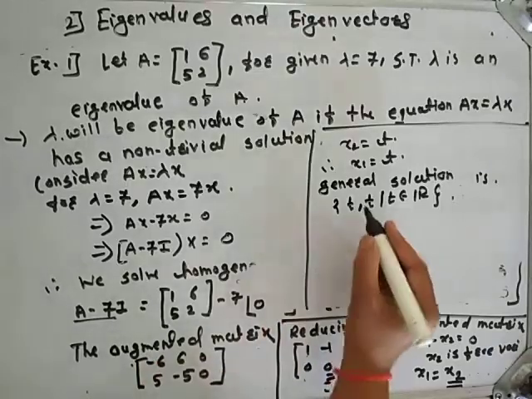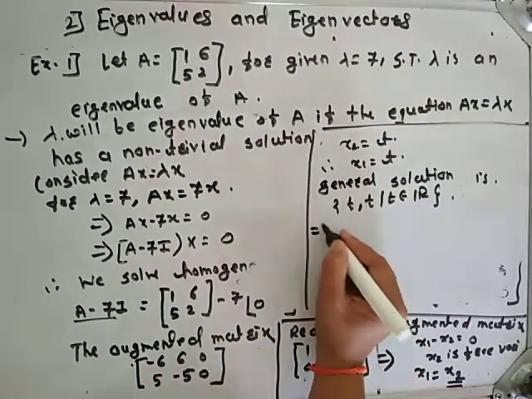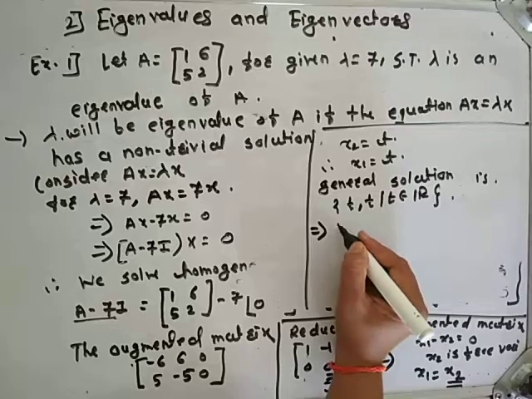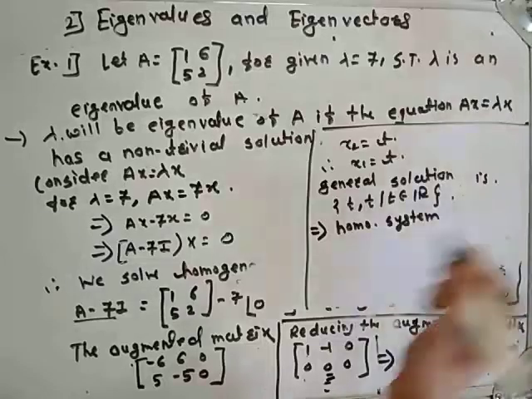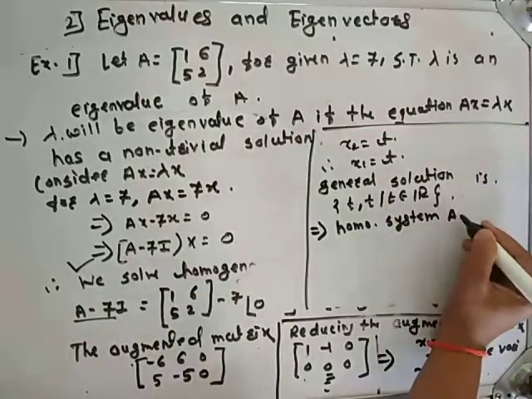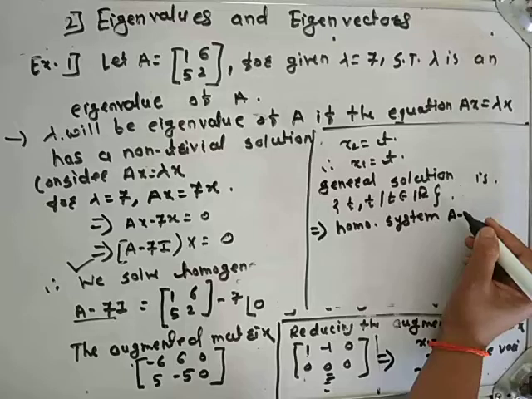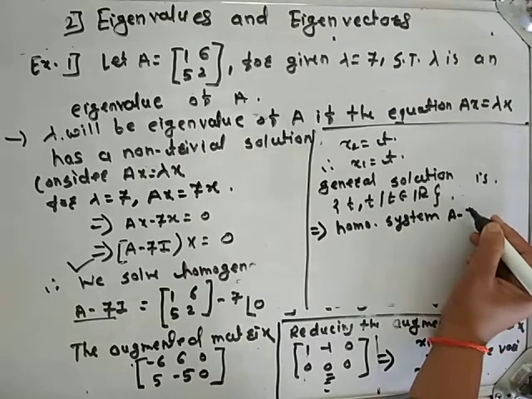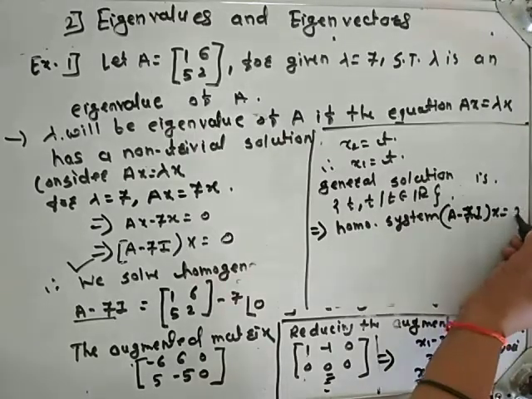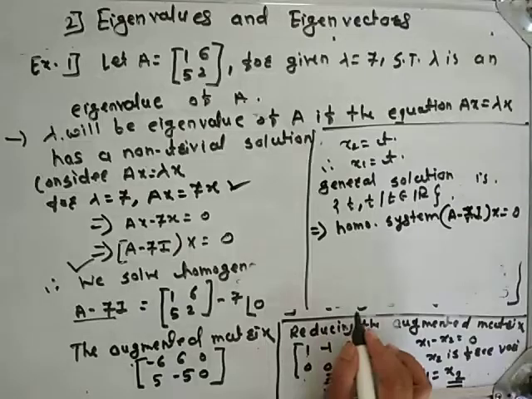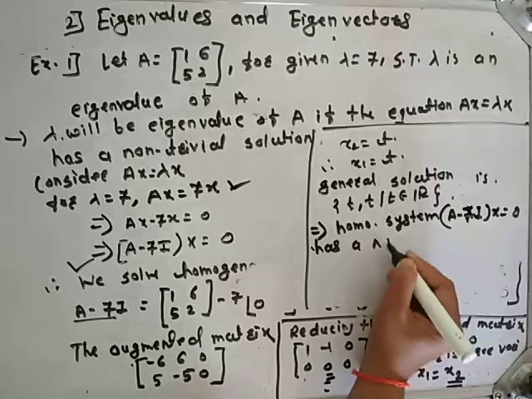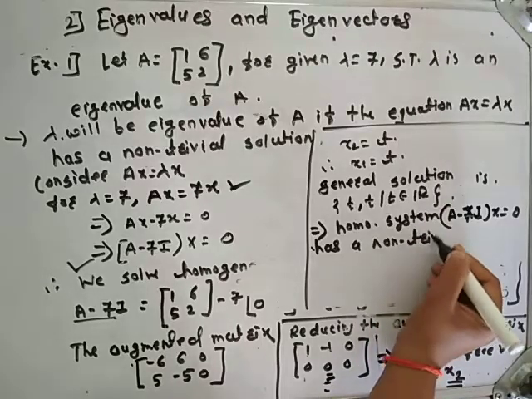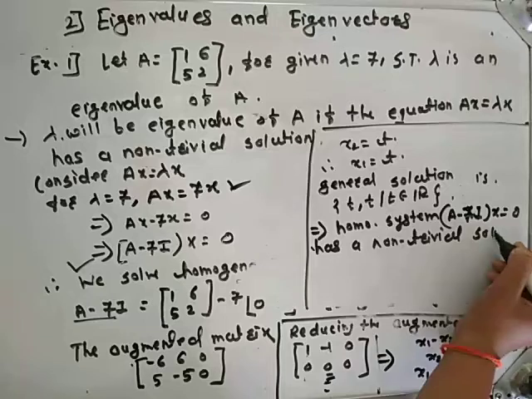Okay. This shows that the homogeneous system (A minus 7I) x = 0 has a non-trivial solution.